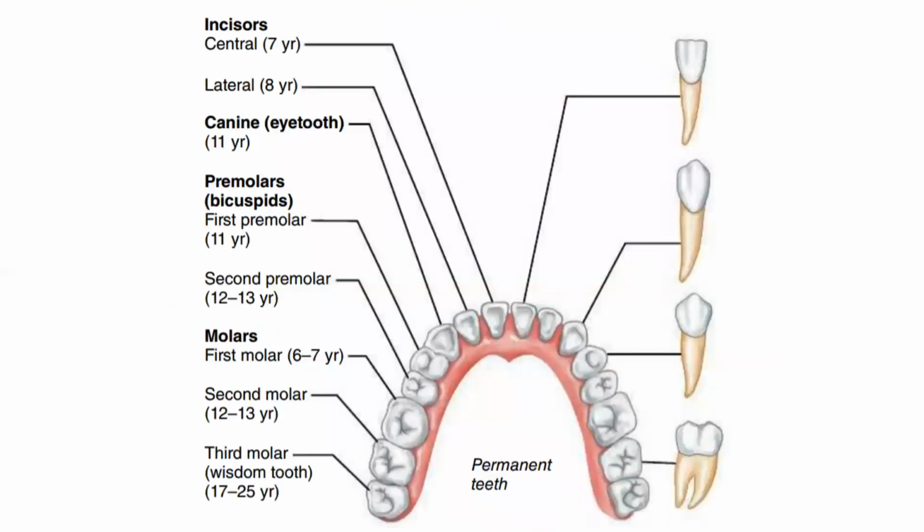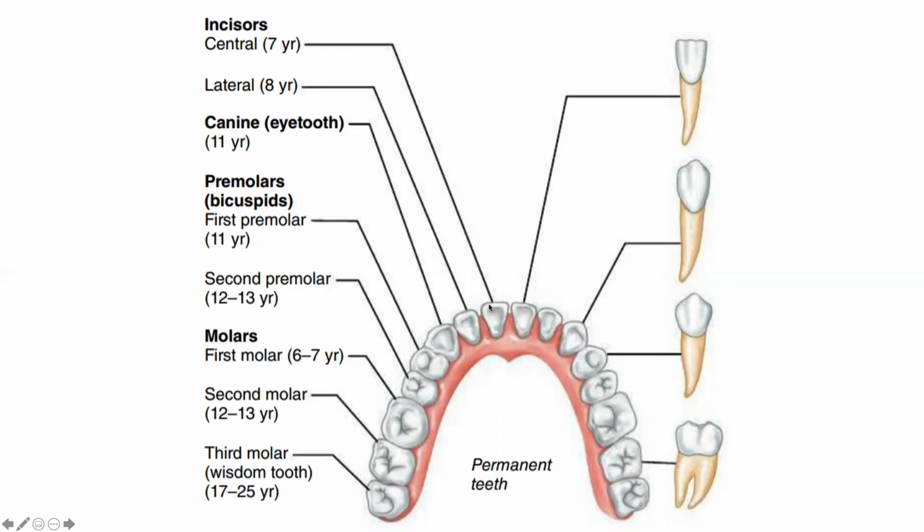So for completeness, let's talk about the teeth. These are the permanent teeth. We have wisdom teeth. We have molars: first molar, second molar, and third molar on both sides. And we have canines and incisors.